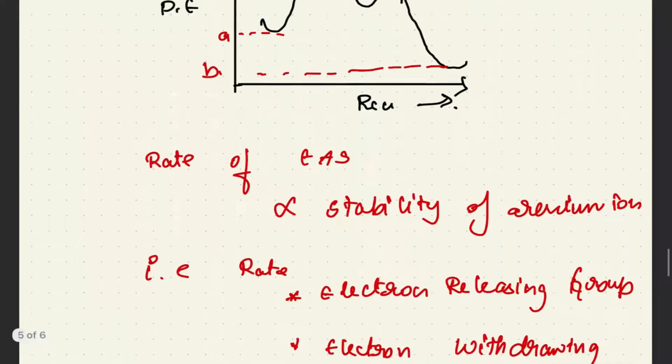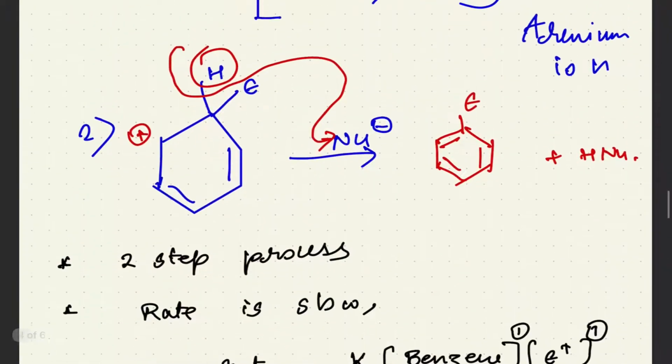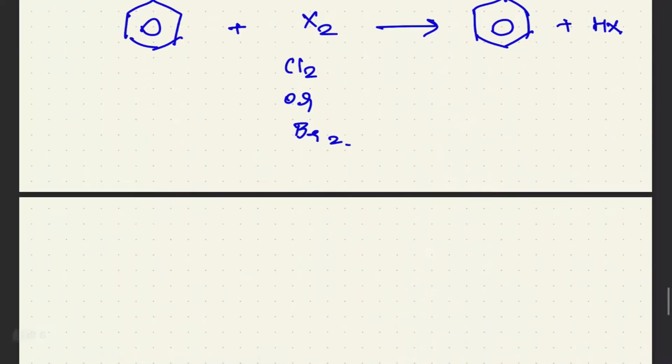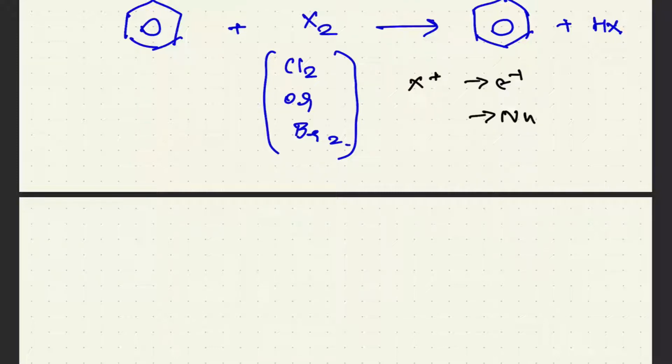I've spoken about this as well over here. In this, what is the electrophile and what is the nucleophile in X2? X2 can be any of these two. X plus is E plus, and Nu minus is X minus. Okay.